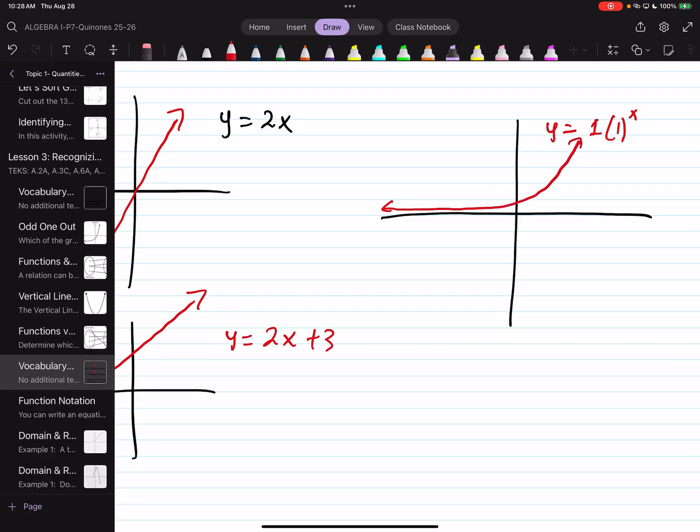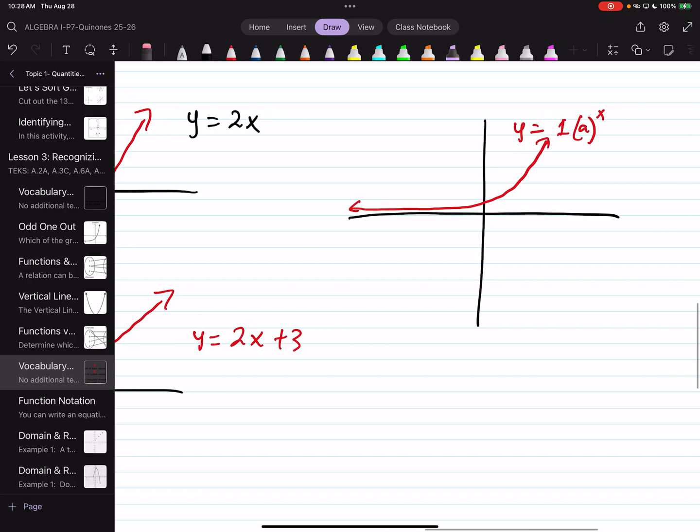That's my parent function. That is where all of my functions derive from. And that 1 probably is a bad number, but let's just call it A. This is what we call an exponential function.